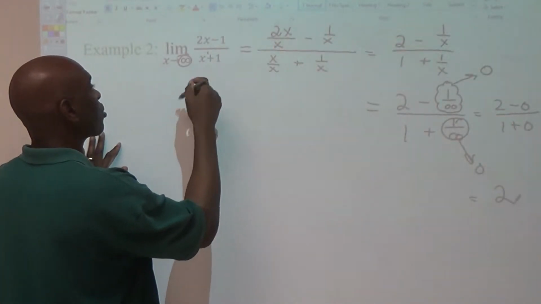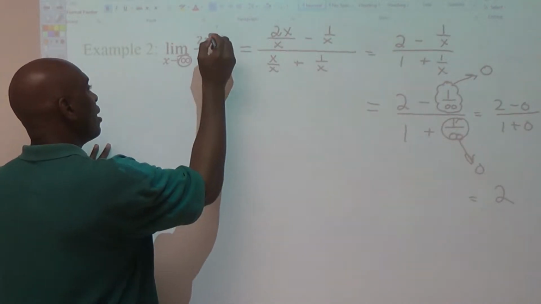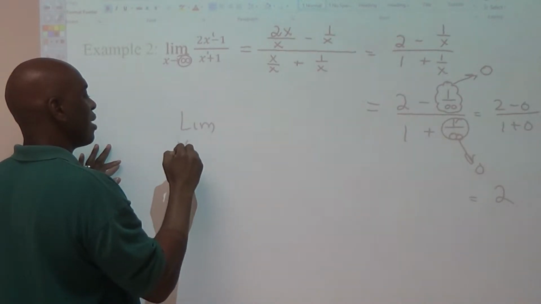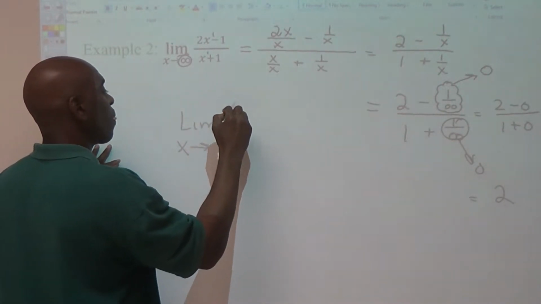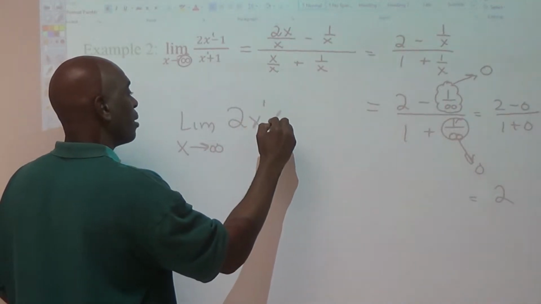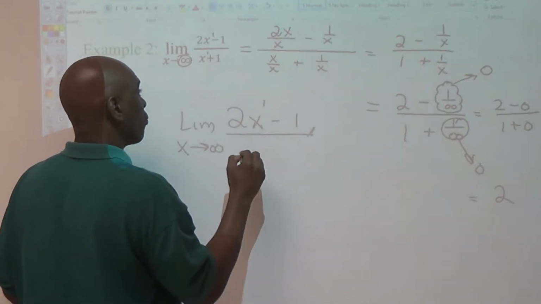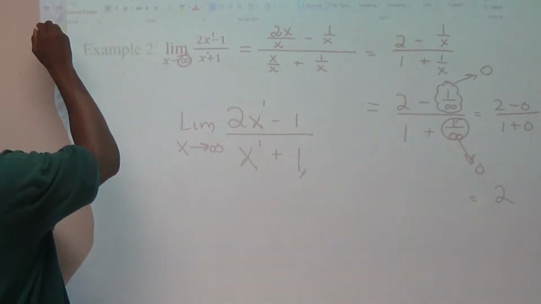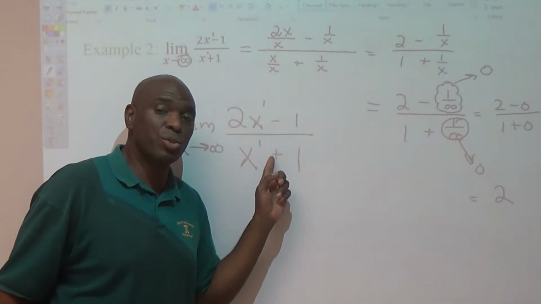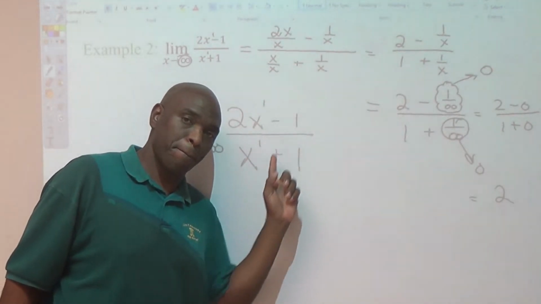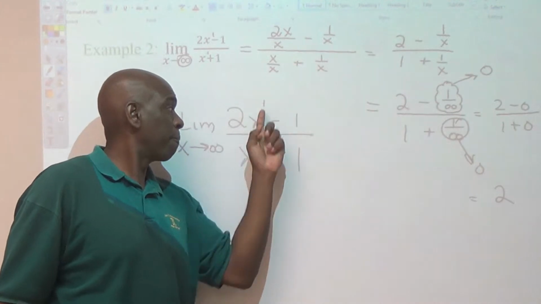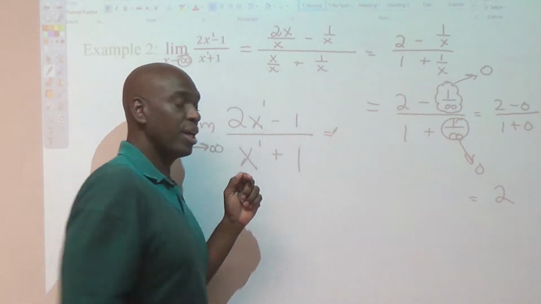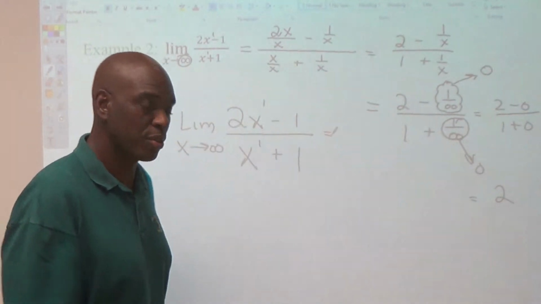If the powers of x are the same, x to the power 1, x to the power 1, in other words, if you have the limit as x goes to infinity of 2x to the power of 1 minus 1 over x to the power of 1 plus 1, if the two powers are the same, then the limit is going to be the coefficients.